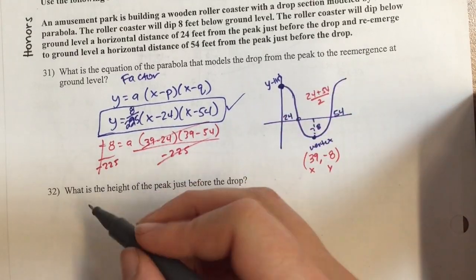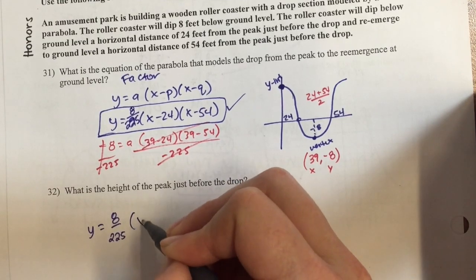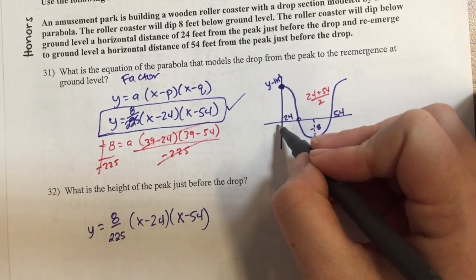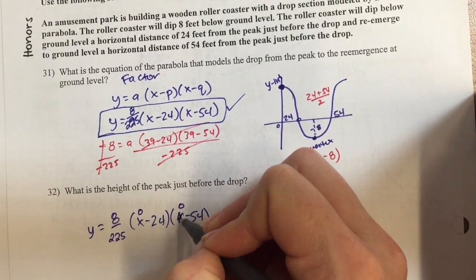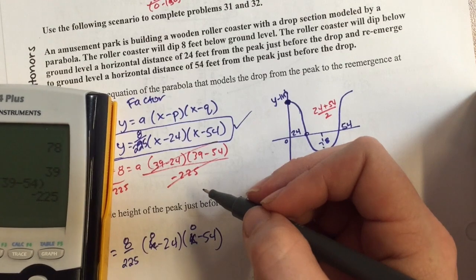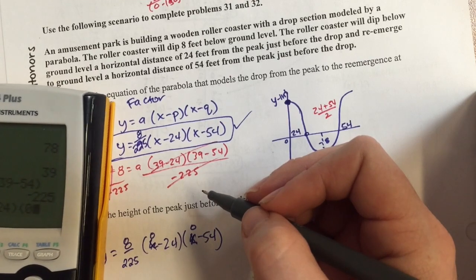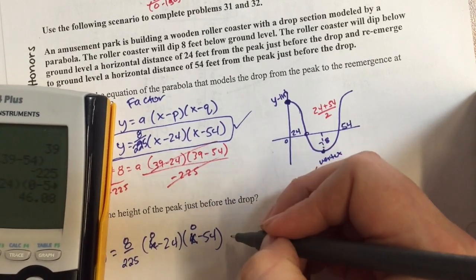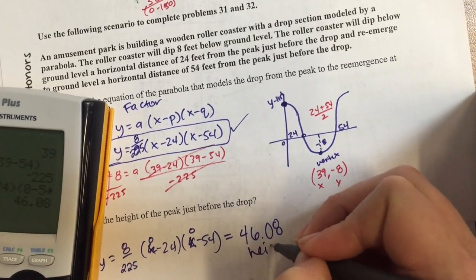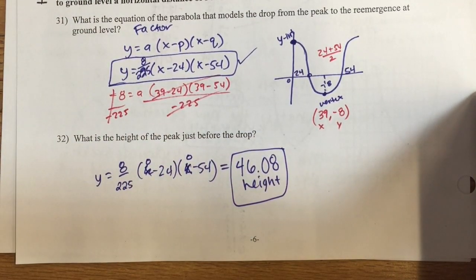To find that height, I take my equation, and that height would be at 0, so I'm going to plug in a 0 for x. 8 divided by 225, parenthesis, 0 minus 24 times 0 minus 54 is 46.08 for the height. And that's how you do the honors questions.